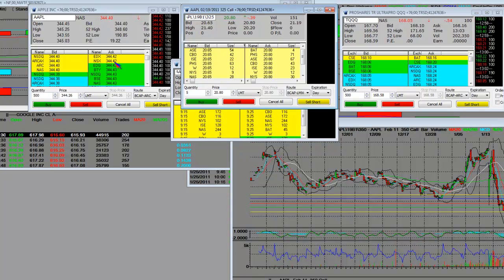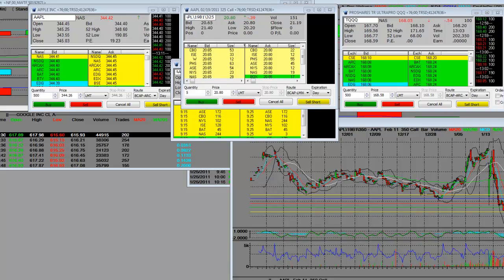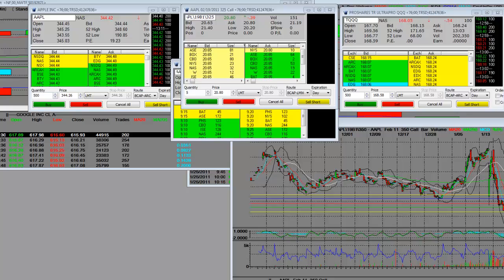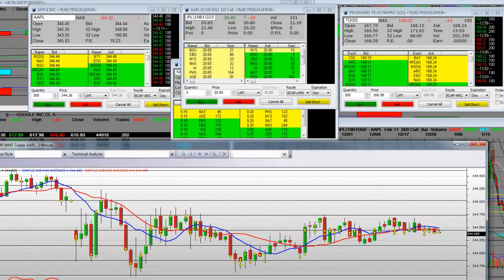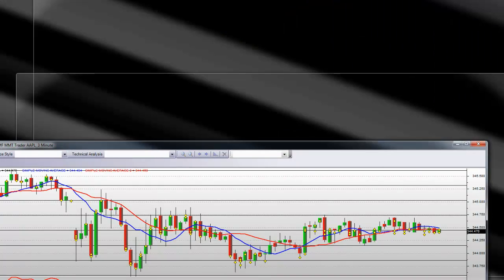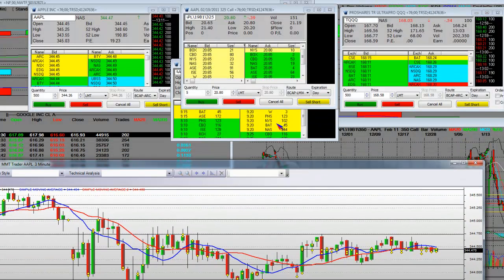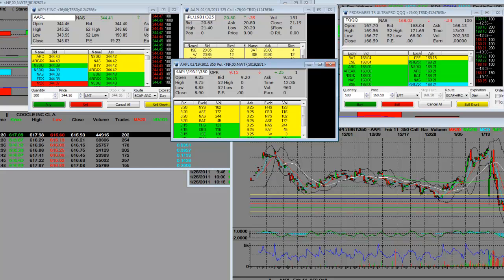The important thing is that using your platform, which is important, MMTs, you want to know that the directional movement, even on your execution of using instruments like the 350 put below here, the 325 call deep in the money, and using the bull long and short right along with Apple, and then applying the call and these put options right here.